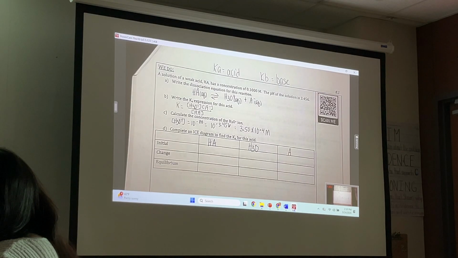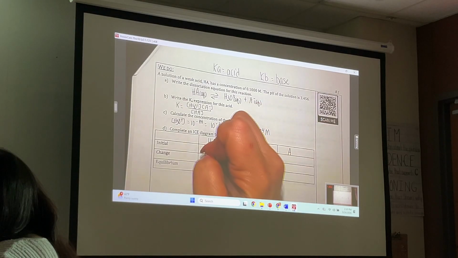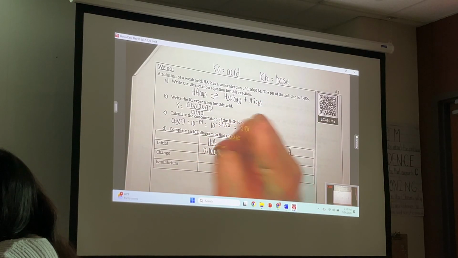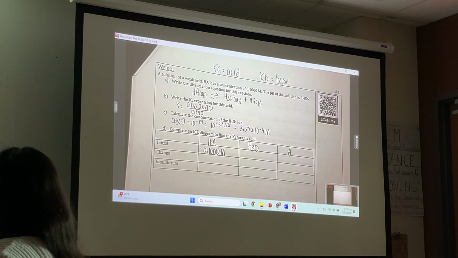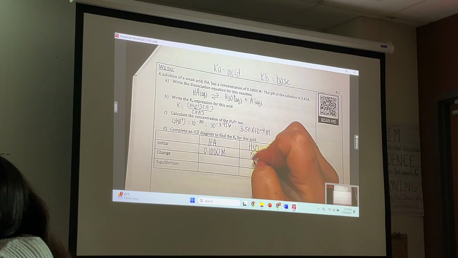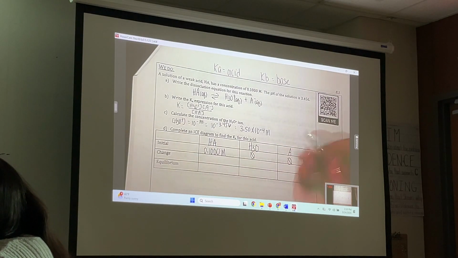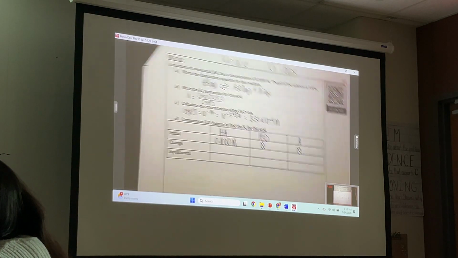Now, reflecting back to my question, it did say a solution of weak acid, which is HA, has a concentration of 0.1000 molar. So I know that I have 0.1000 molar of my weak acid. This question does not mention any values for our hydronium or for our A-.